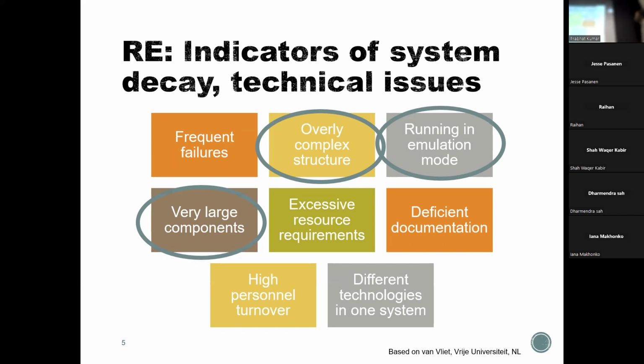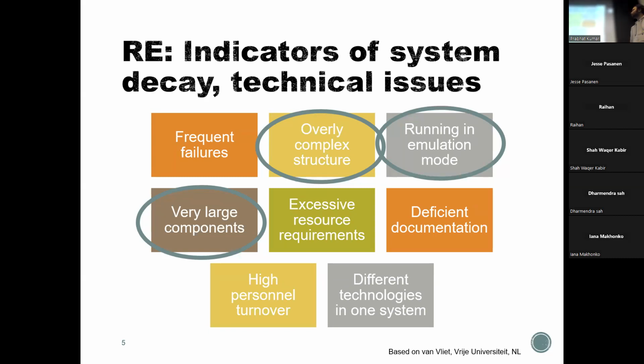For example, overly complex structure. I told you how a particular system can become complex. For example, a software is being developed, and in multiple iterations some changes are being done, and those changes are just being done to fix problems at that moment of time.